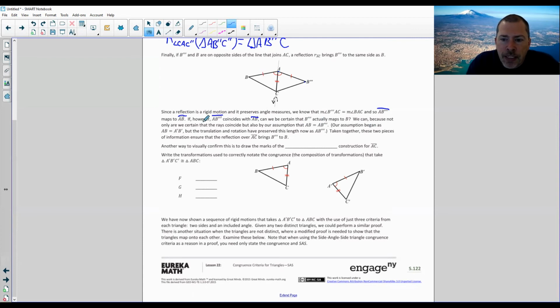So our assumption began as AB is equal to A prime B prime, but the translation and rotation have preserved the length, known now as AB triple prime. Okay, hopefully that's not too confusing. So taken together, these two pieces of information ensure that the reflection over AC brings B triple prime to B.